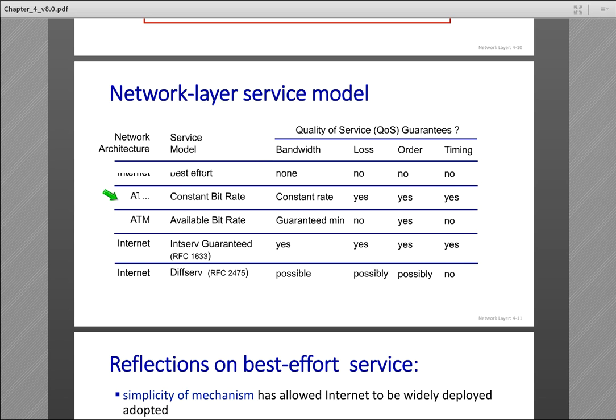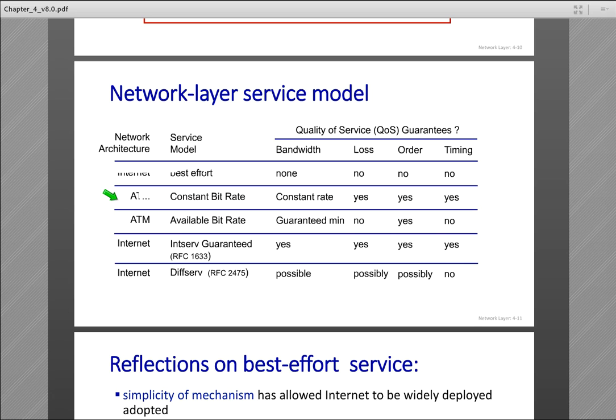For example, let's suppose I am using ATM technology. ATM is a network with virtual circuit switching technology. Look at this. ATM has several service models.